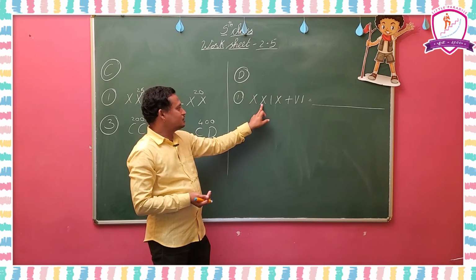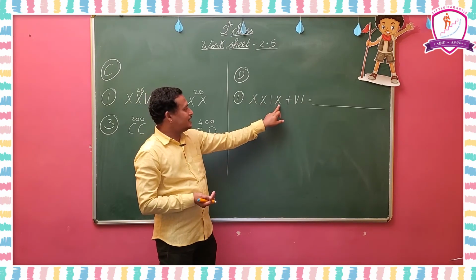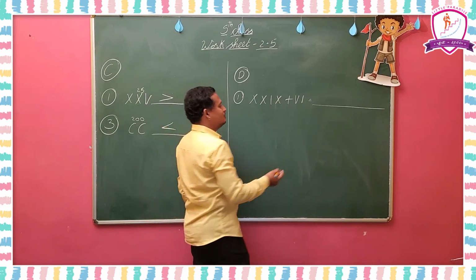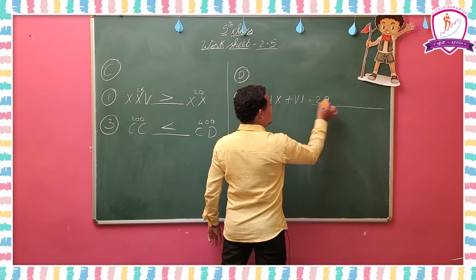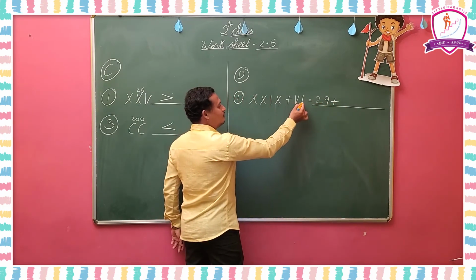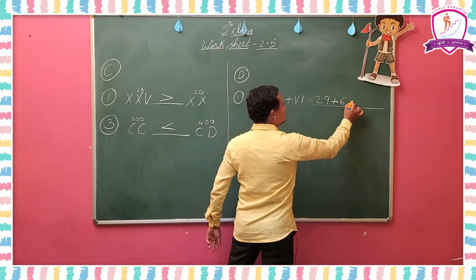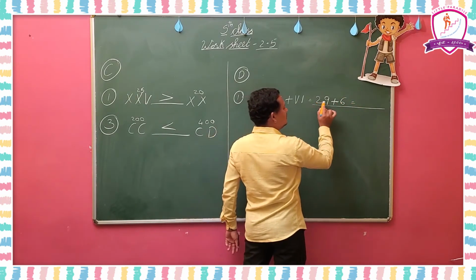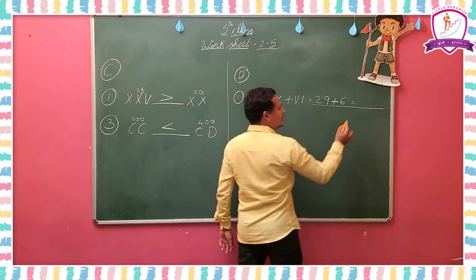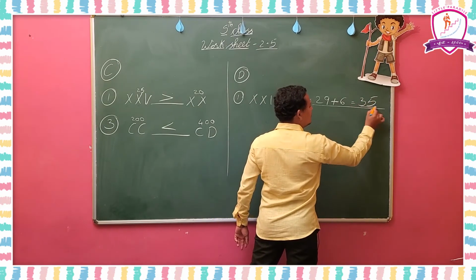So XX is 20, and IX means 9. 29. You have to write 29 here, and put plus here. Here VI means 6. Put equals. Again here, 29 plus 6, what is the number? 35. So 35 will be the answer.